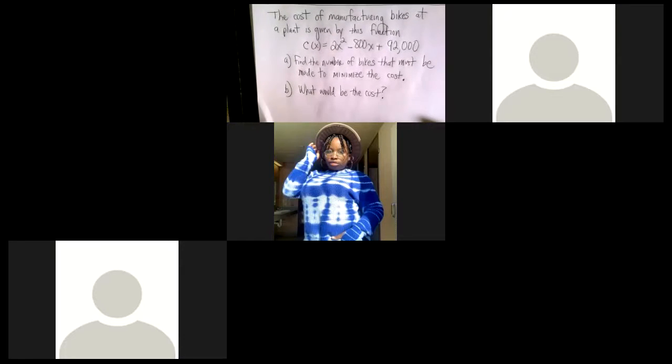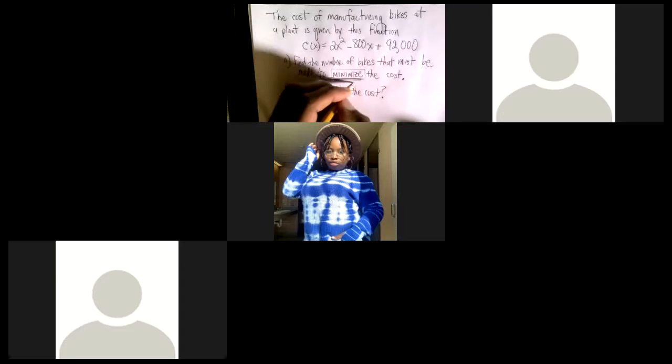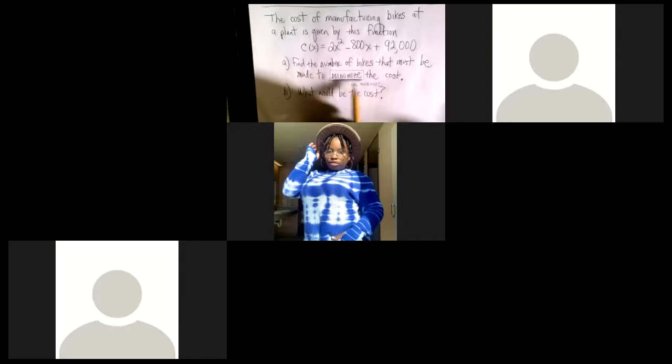Okay. So to answer any question like this, the key word is minimize. The other key word would be maximize. Those are your keywords, minimize or maximize.